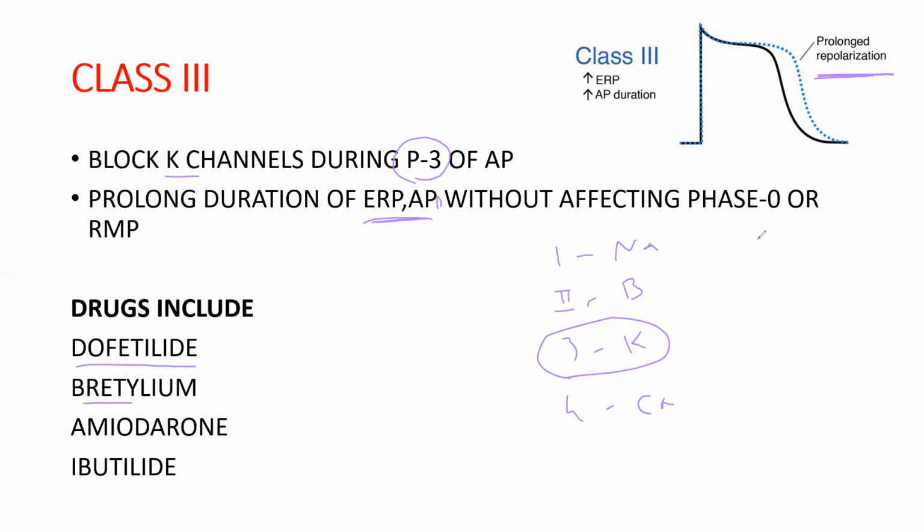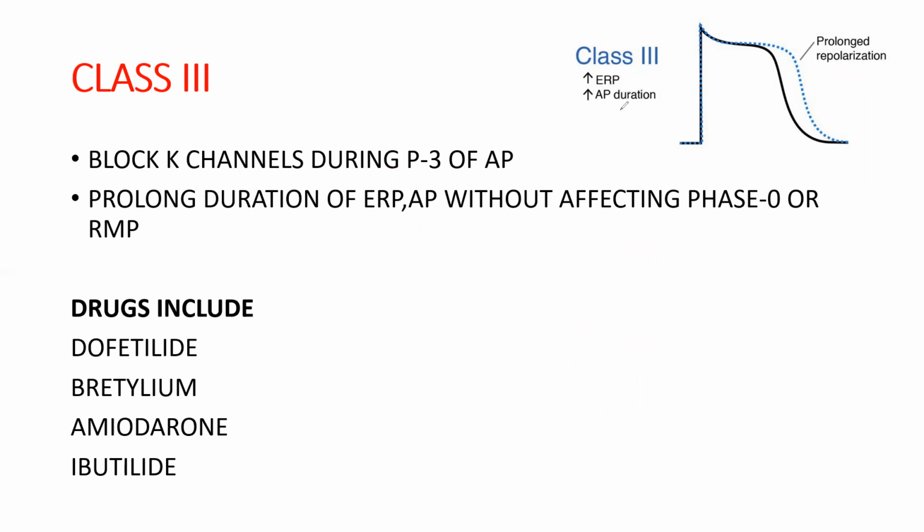The drugs include dofetilide, bretylium, amiodarone, and ibutilide. I told you amiodarone is a very important drug. These are the 4 drugs: dofetilide, bretylium, amiodarone, and ibutilide. You can remember these class 3 drugs with a small mnemonic: Dubai. Class 3 means Dubai.